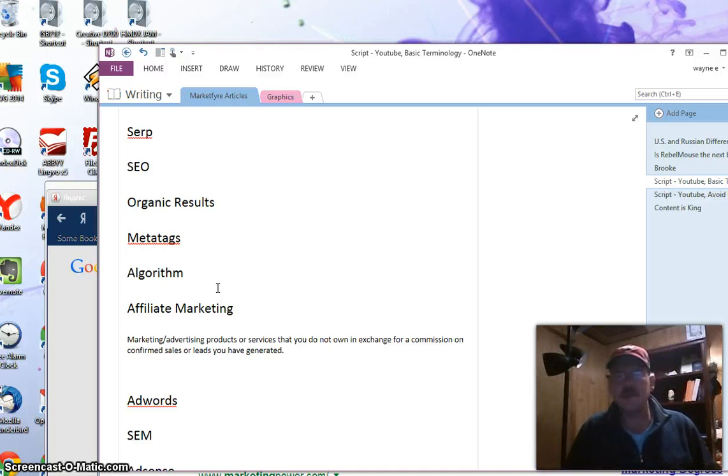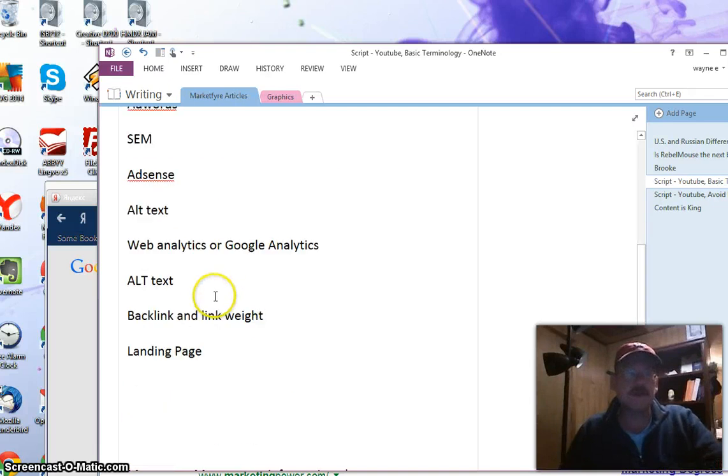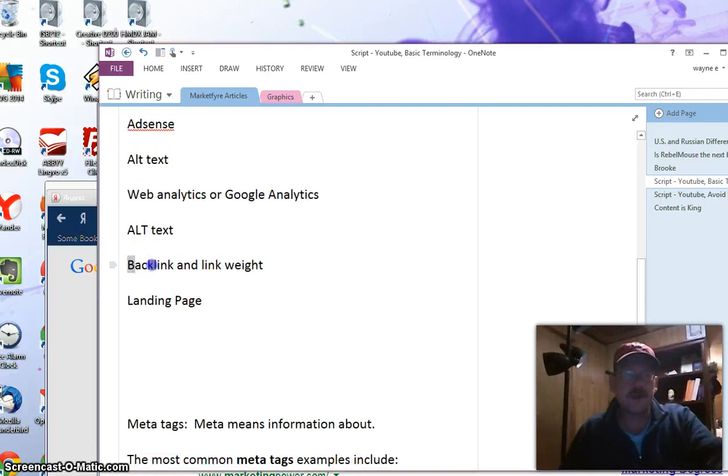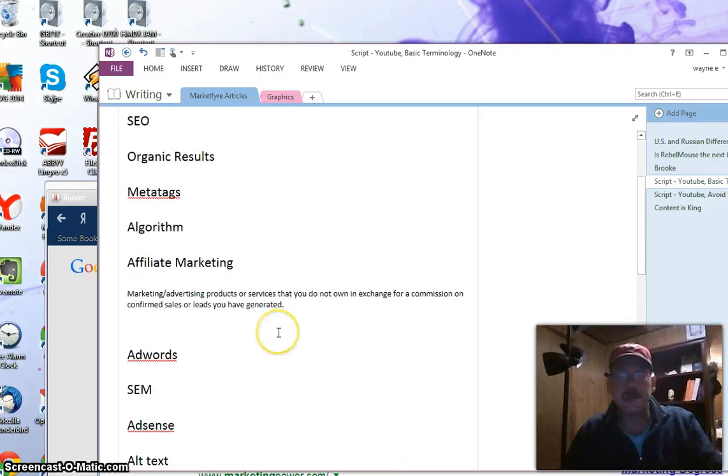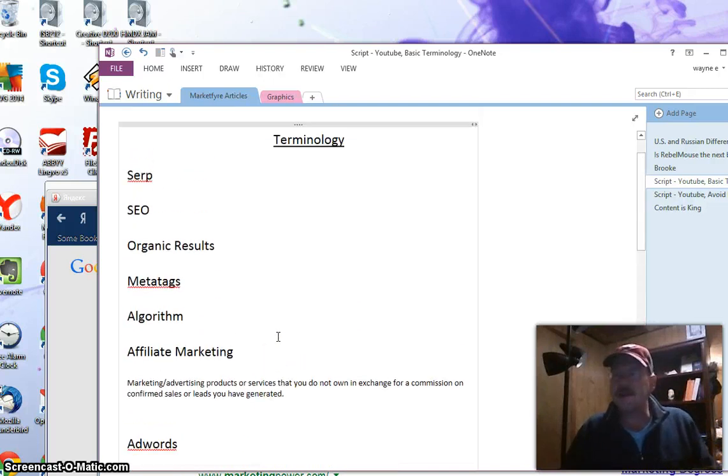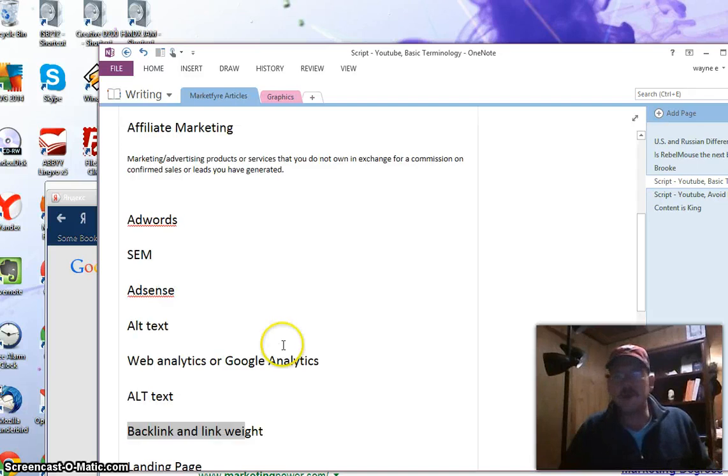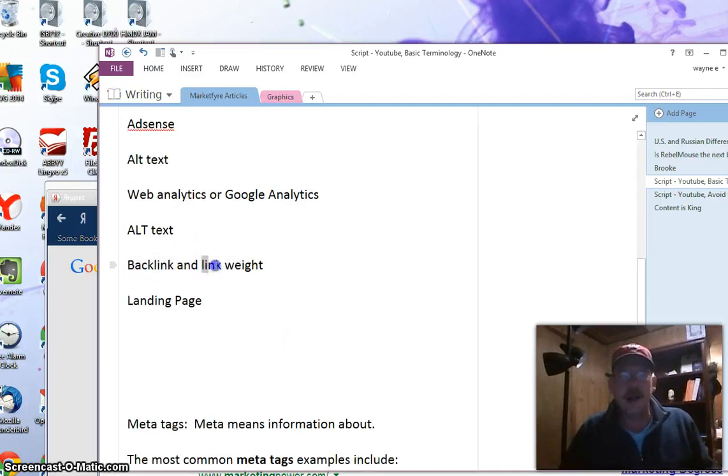It's got something to do with backlinks, which is something I put on this list, backlinks. And it just means the sites that are linking back to your website. And if those sites have a lot of traffic and they're very relevant to the same content that you have, then you're going to get a higher link weight from that, which means it's evaluated as a more important link.